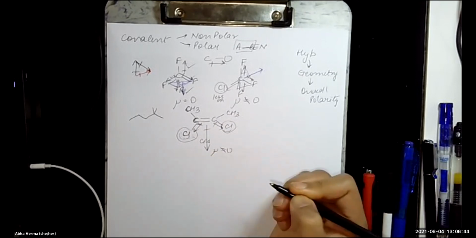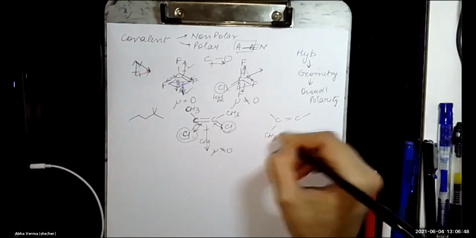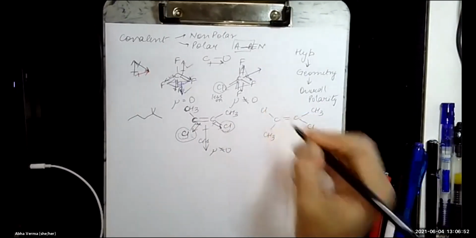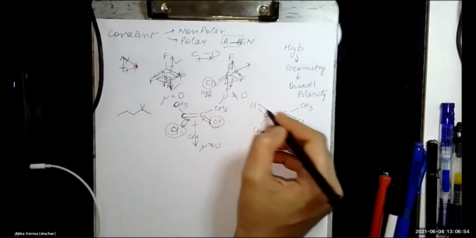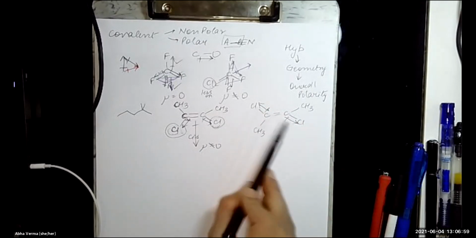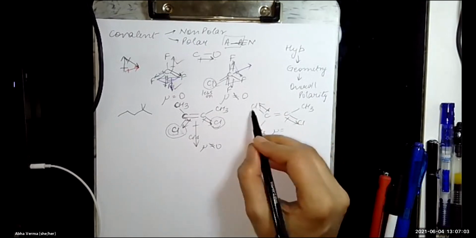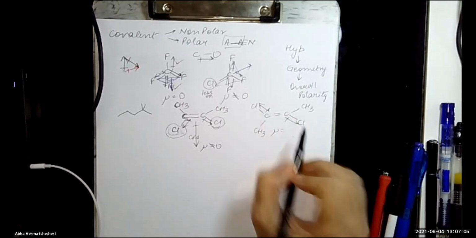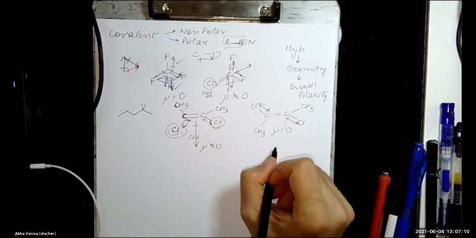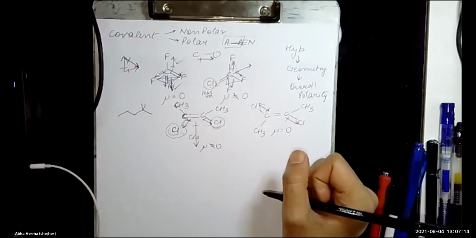It's not zero. But if we had a trans version of the same molecule, now your dipoles are going in the opposite directions, and because these electronegative elements are exactly the same, with exactly the same dipole values, you will have a zero overall resultant value.